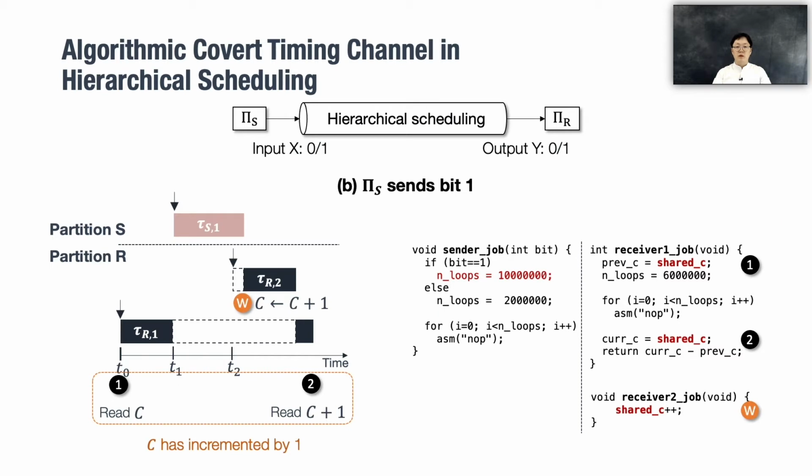So when task R1 resumes and finishes, it sees that the counter value has incremented by 1. From this, task R1 infers that the sender partition has signaled bit 1. And here you can see that no time information was used to make such an inference.